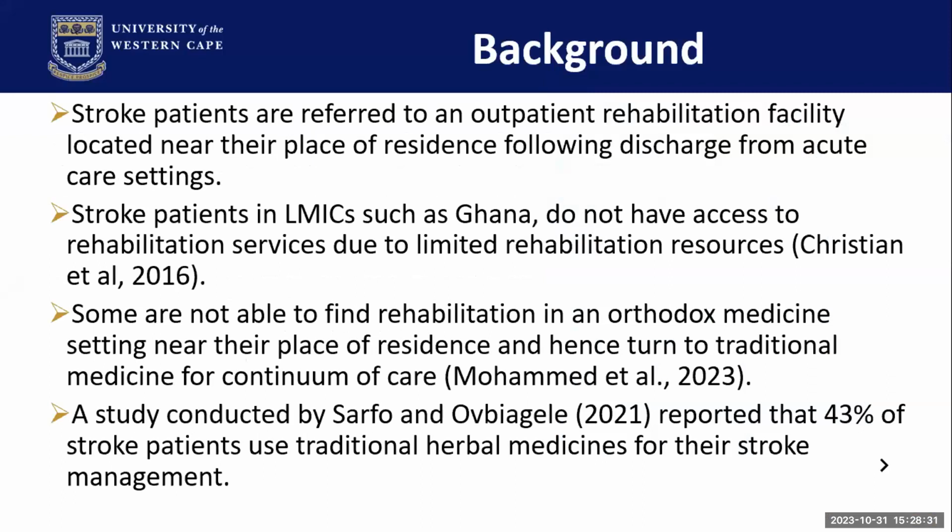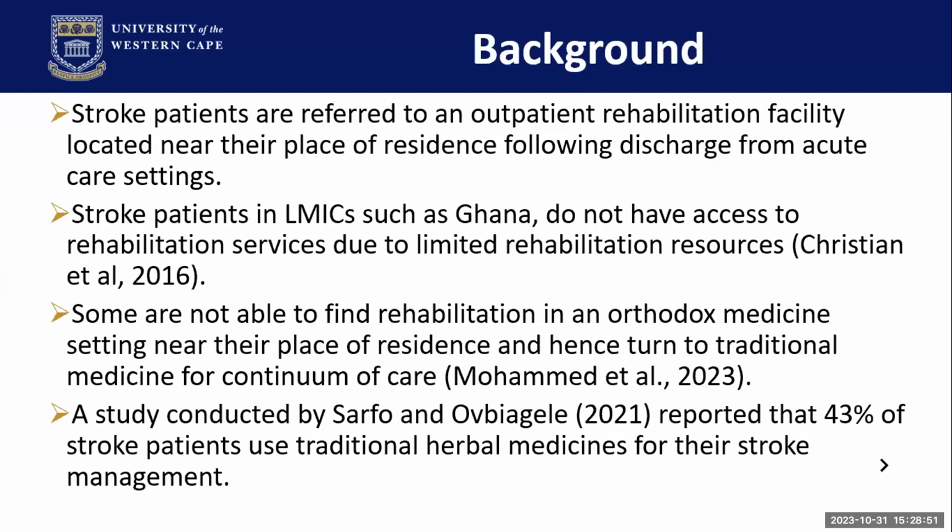Stroke patients are treated at stroke units and inpatient care facilities, and they are referred to outpatient rehabilitation facilities, normally located close to their place of residence after they are discharged from acute care settings.